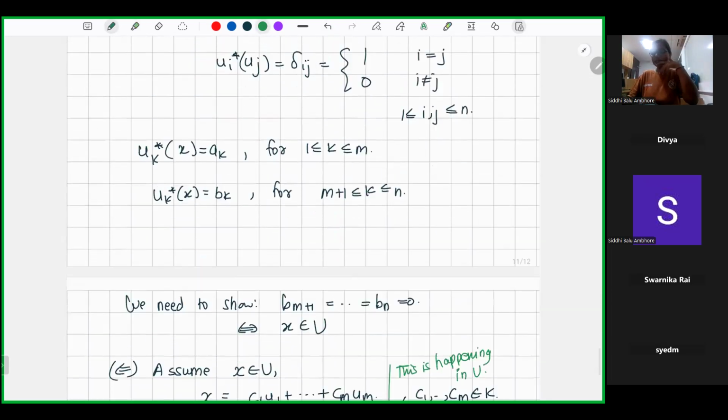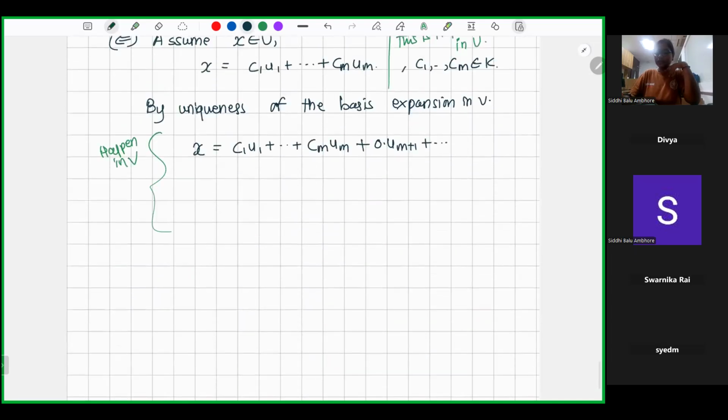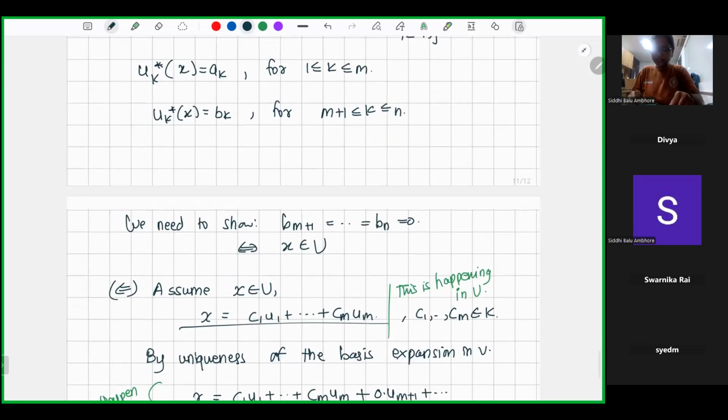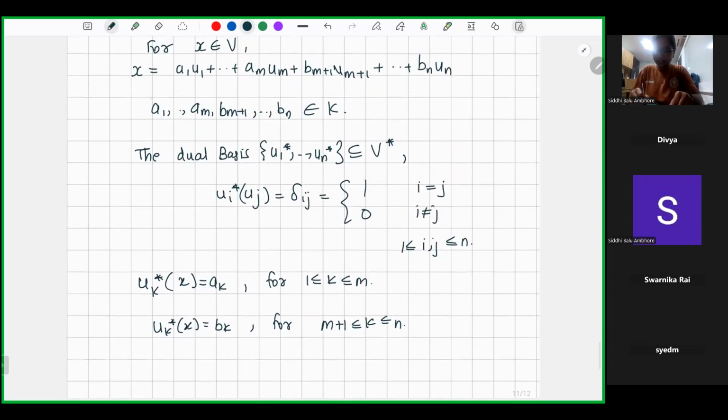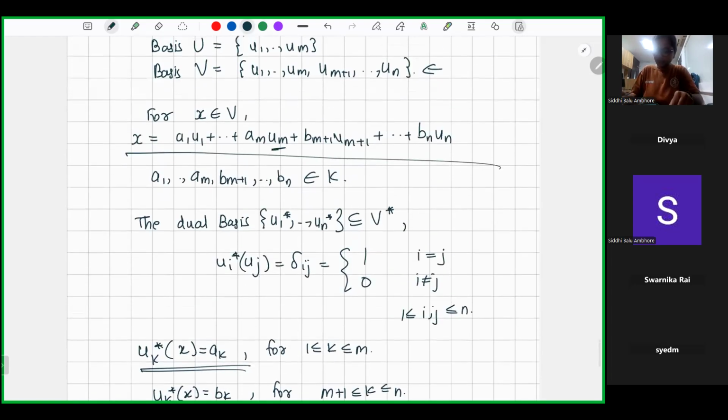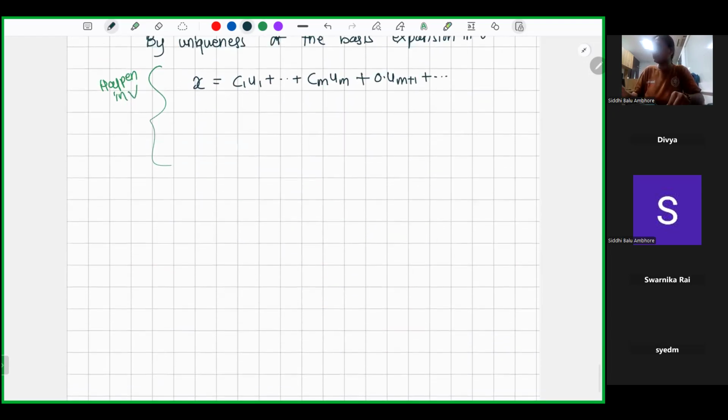And that's what we are using here, that since this has an expression like this, the expression will continue in this form. And since x had this expression where the coefficients of ui were ai, I will get that.